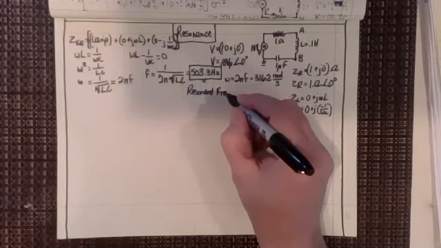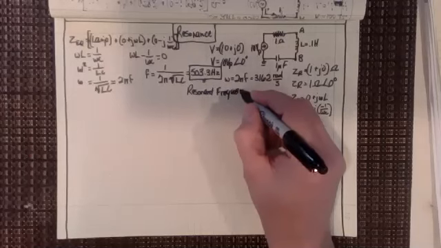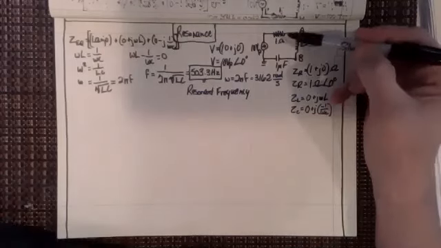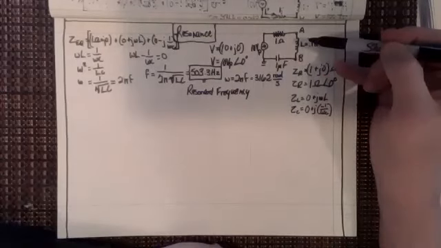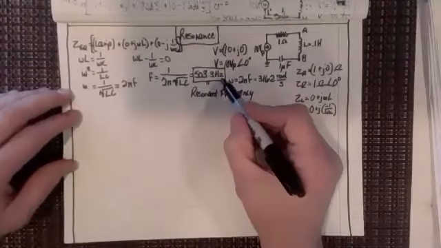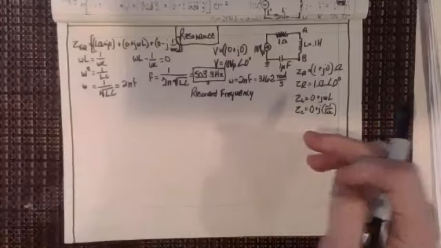The resonant frequency is where the reactance of the capacitor and the reactance of the inductor cancel one another out. So we're at that 503.3 hertz, right? What's happening there?